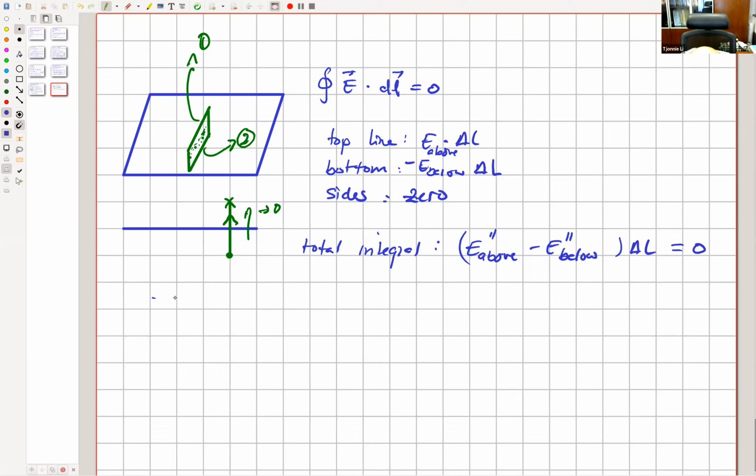Now this equals 0. So for the second boundary condition, E above equals E below, the tangential component is continuous.